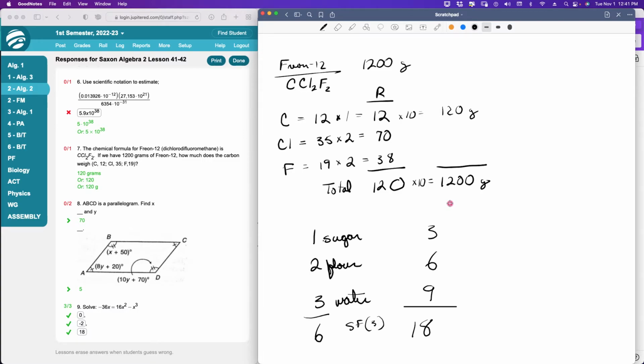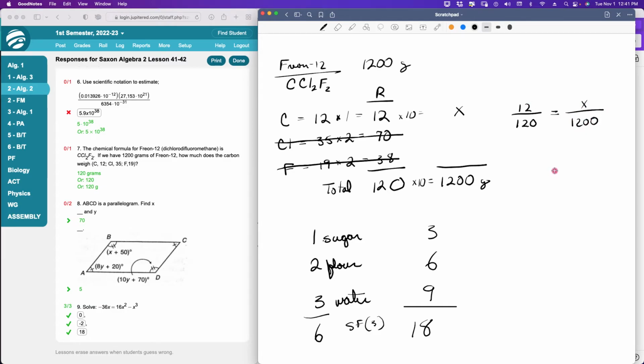So the way we would do that, we would set it up. We don't care how much chlorine is in there, and we don't care how much fluorine is in there. We're worried about carbon versus the total. So the amount of carbon versus the chemical composition is 12 over 120. Then we put an X next to what we're looking for, which is the carbon, over the new total, which is 1200.